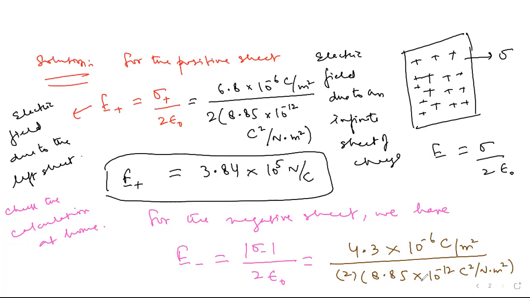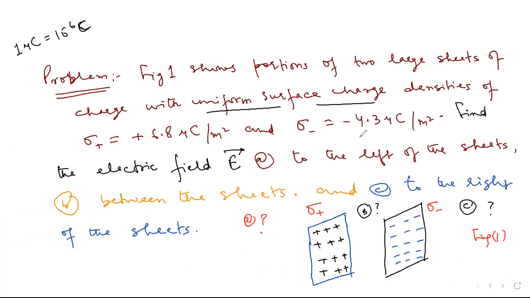We have used that 1 microcoulomb is 10 raised power minus 6 coulomb.